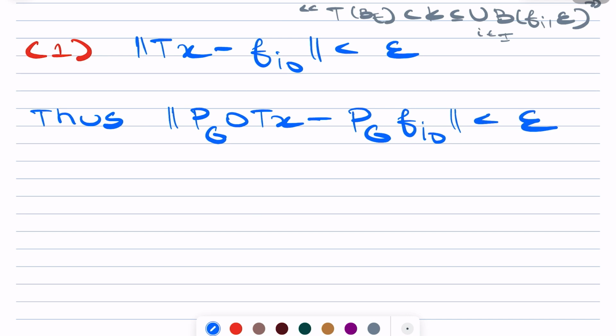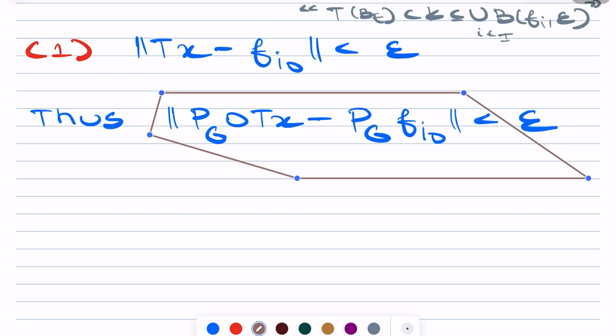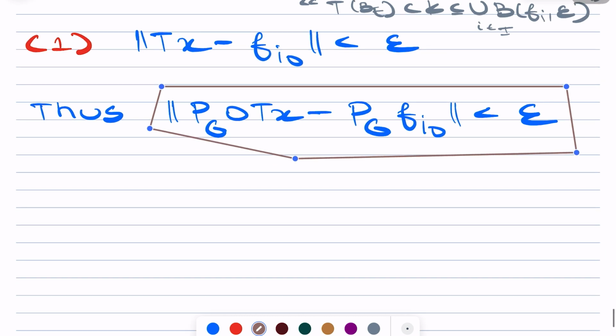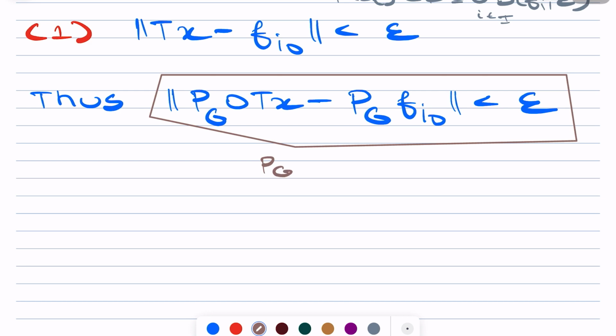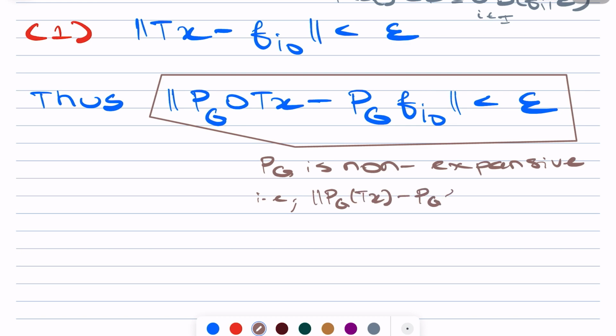Again, we are just applying properties we know already. This holds because the projection is non-expansive, in the sense that the norm of the projection of Tx minus the projection of Fi0 is less than or equal to the norm of Tx minus Fi0, which is less than epsilon.